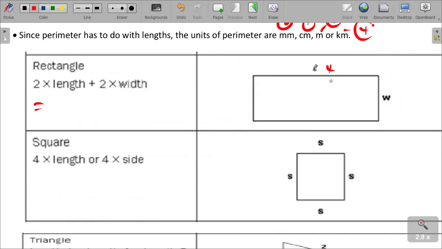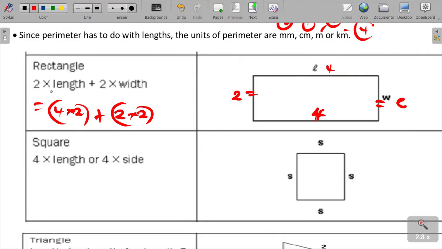If we have 4 centimeters here and 4 centimeters here, length is 4 times 2, plus the width, which is 2 centimeters, 2 centimeters, so plus 2 centimeters times 2, because these sides are the same. The widths are the same, and the lengths are the same as well. That is why you see 2 times length plus 2 times width, because we have 2 widths there.